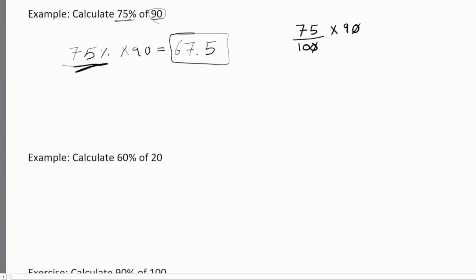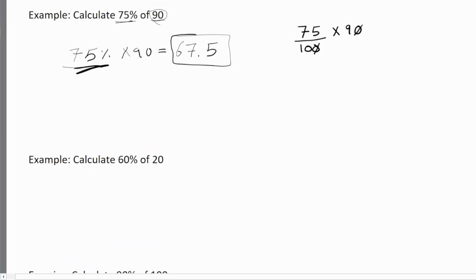Another example, calculate 60% of 20. So again, we're going to say 60% multiplied by 20. And you can just plug this entire thing on your calculator. The percentage sign you can find on your calculator easily as well.